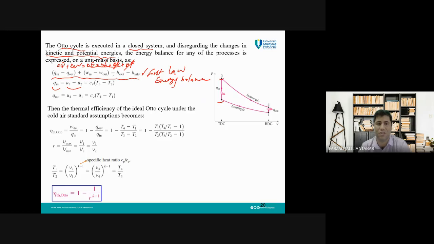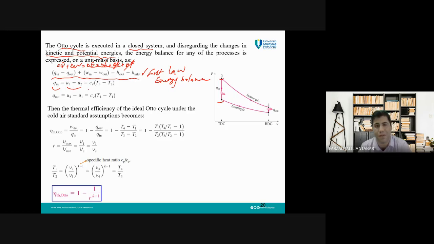Other types of energy like kinetic and potential we assume are zero, and also the volume is constant during this process. So the Q in which comes to the system only changes the internal energy of the system. You know from thermodynamics that for a constant volume process, in this process we have Q in equal to internal energy at state 3 minus internal energy at state 2. Q in equal to U3 minus U2.